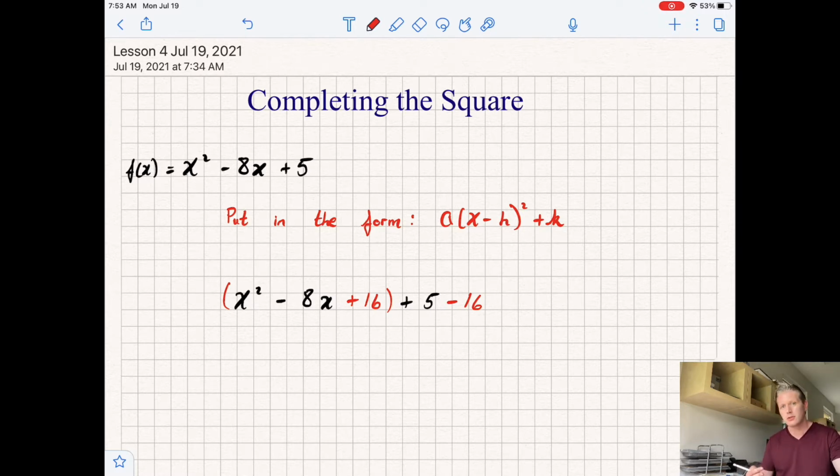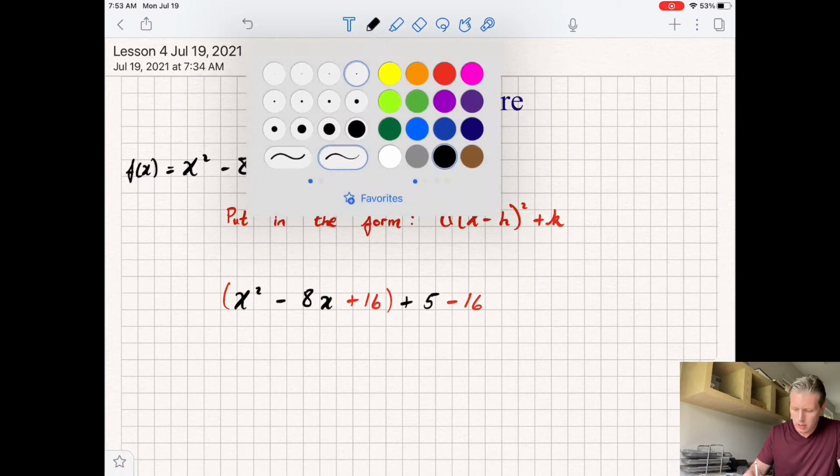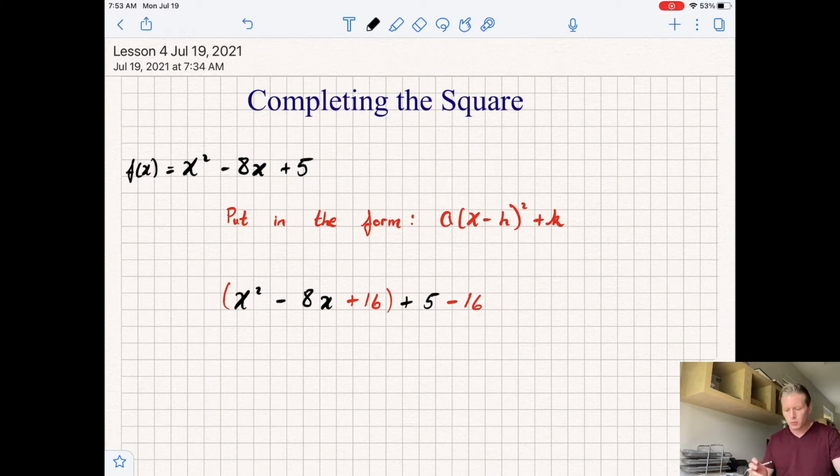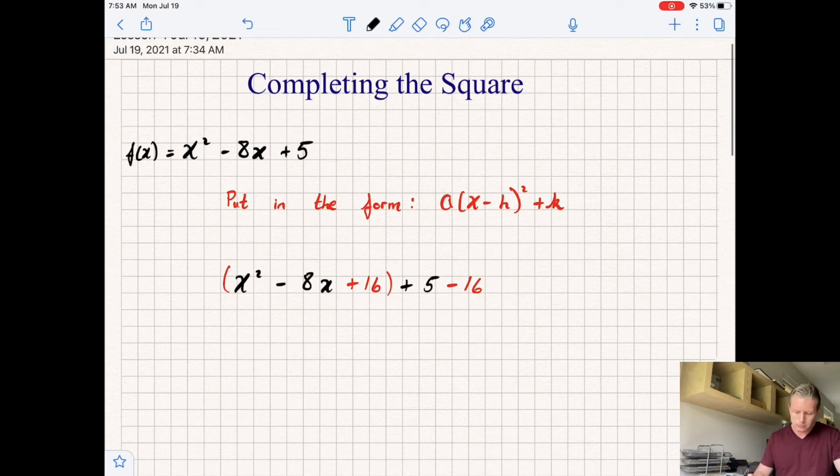And all you have to do at this point is gather up your terms and write it in the form that you want. All right, so what I have to spot is that this x squared minus 8x plus 16 inside my parentheses, every time I do this, what you will have actually formed, and what I have formed here, is a perfect square trinomial.